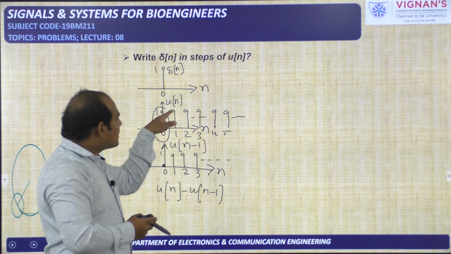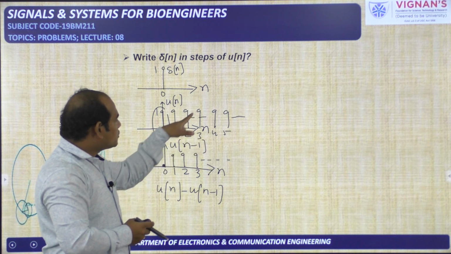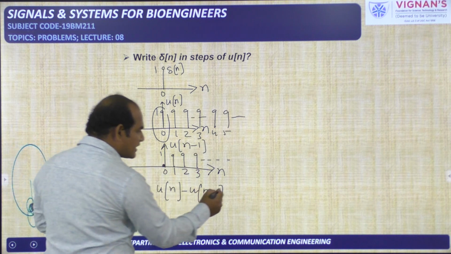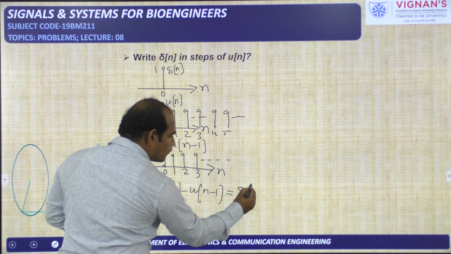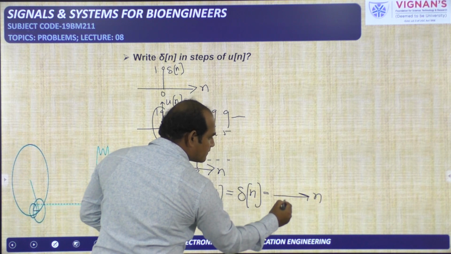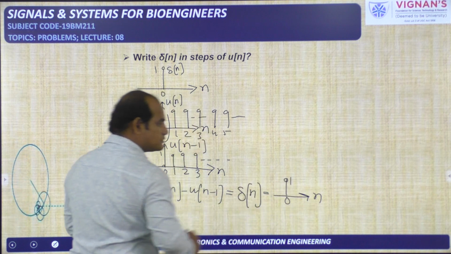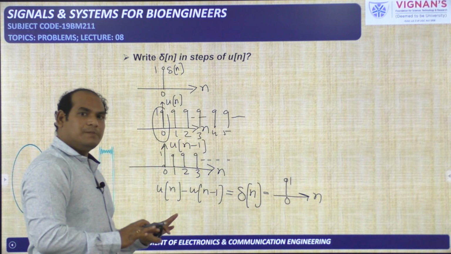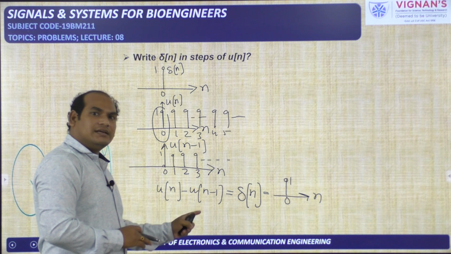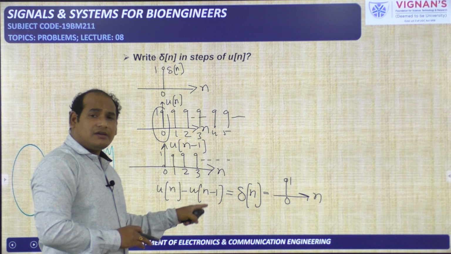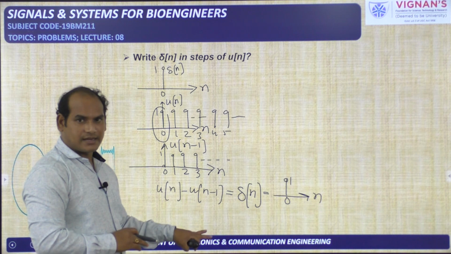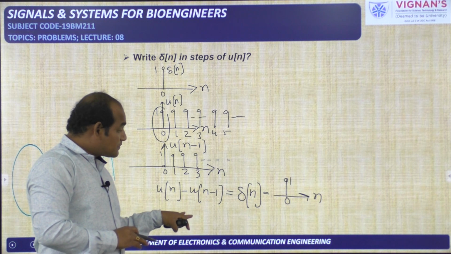In the remaining time, 1 minus 1 is 0, 1 minus 1 is 0, all are zeros. So what will you get here? Simply only one sample, at n is equal to 0 with amplitude 1. That is del of n. So simply the difference between the unit step signal and the unit step signal delayed by 1 second gives this.